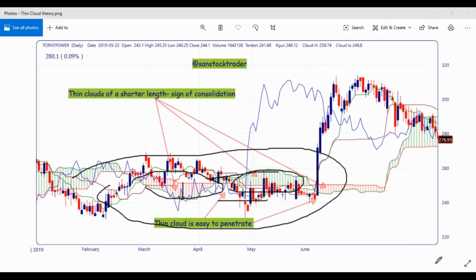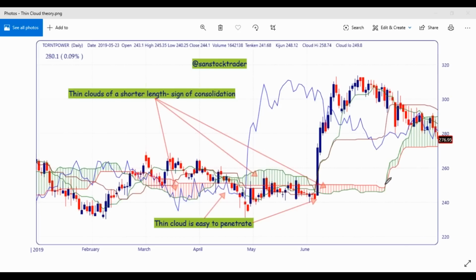During the trend, what will happen? The cloud will move in the direction of the trend. Let me explain it. Here, see, the cloud started moving up. That means the trend is strong.